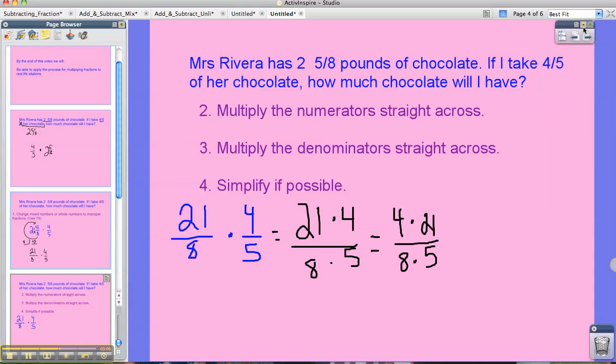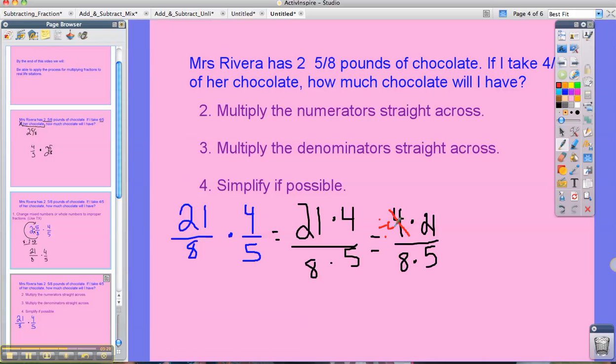So I look at these numbers. I couldn't simplify 21 over 8, and I couldn't simplify 4 over 5. But when we rewrite it like this, can we simplify 4 over 8? Yes, both of those can be divided by 2. And actually, both of those can also be divided by 4. So 4 divided by 4 is just 1.